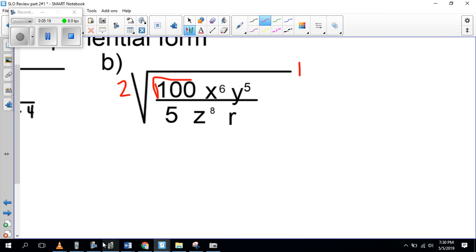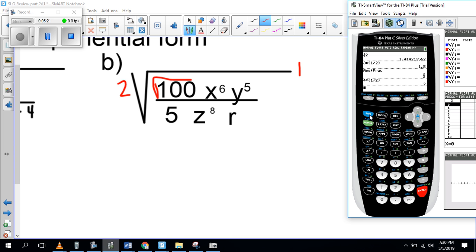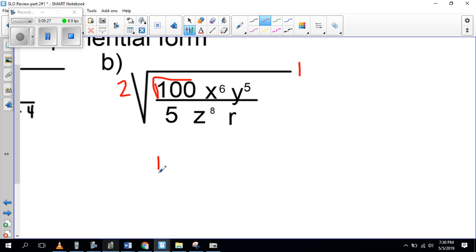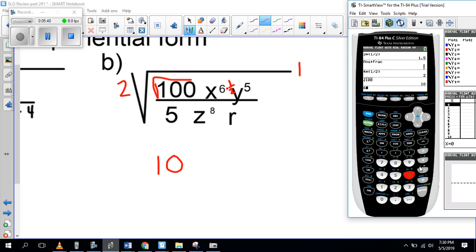The square root of 100. Second, square root 100. A lot of y'all already know this. It's 10. So now we come out here and we do 6 times 1/2. And I'm just doing it here to kind of keep it neater. So 6 times parentheses 1 divided by 2, and we get x to the third.